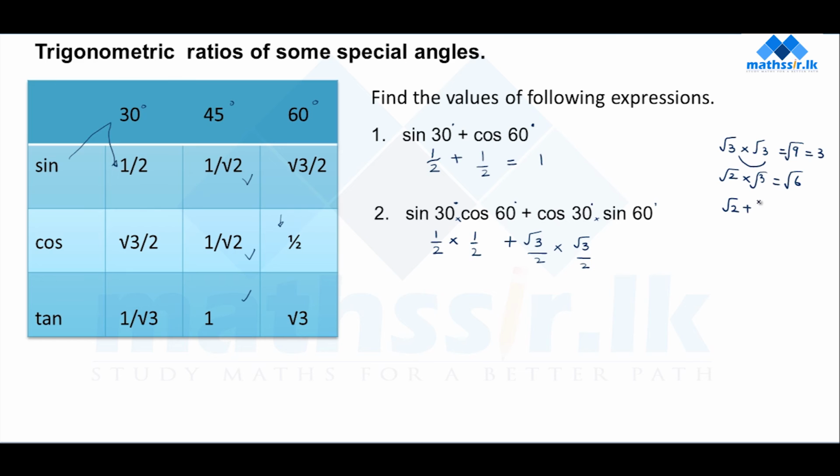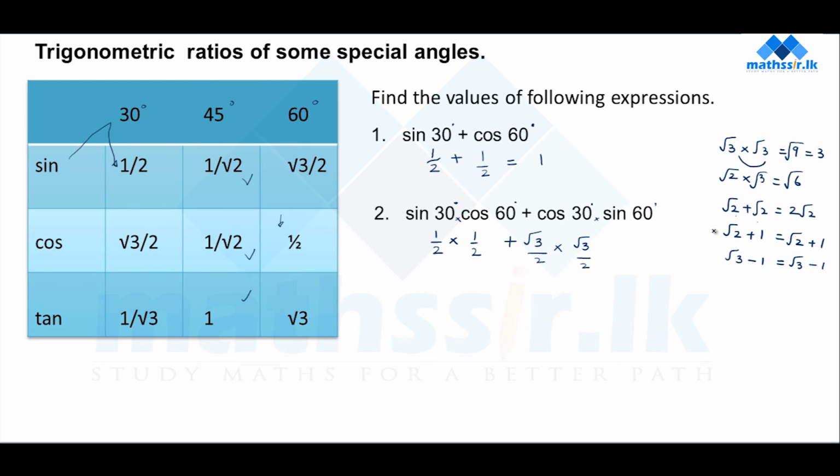Root 2 plus root 2, this simplification is like x plus x is 2x, so root 2 plus root 2 is 2 root 2. Root 2 plus 1, we can't simplify any further because they are not the same term. Then the answer is root 2 plus 1. Root 3 minus 1, similarly the answer is root 3 minus 1.